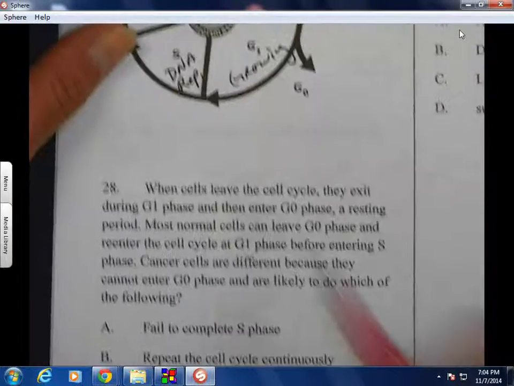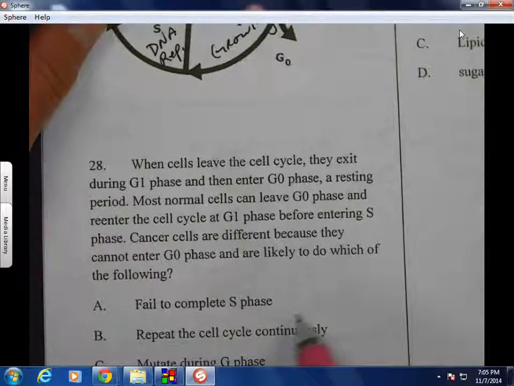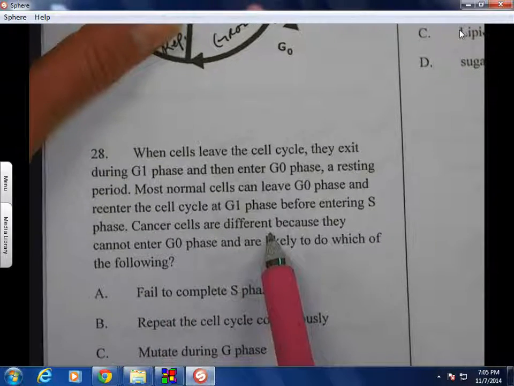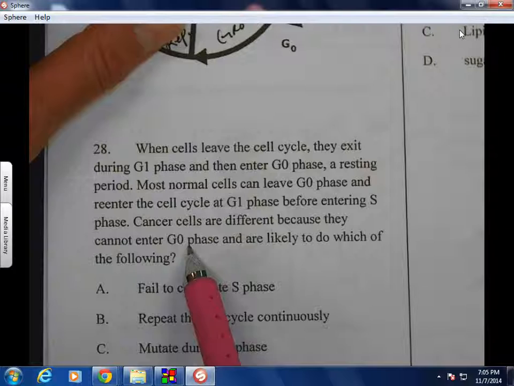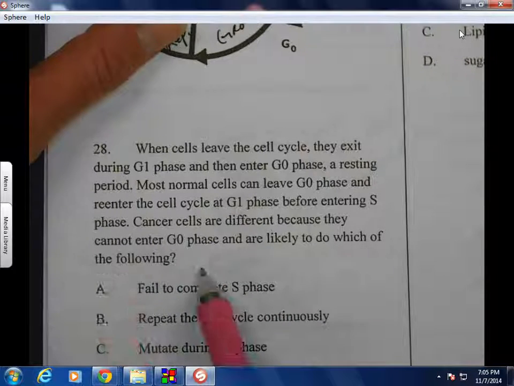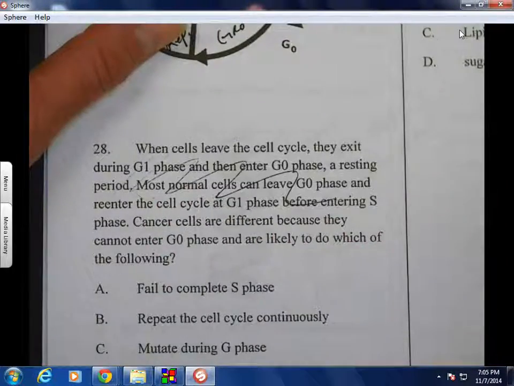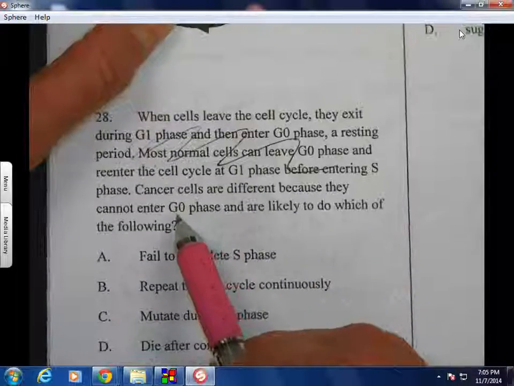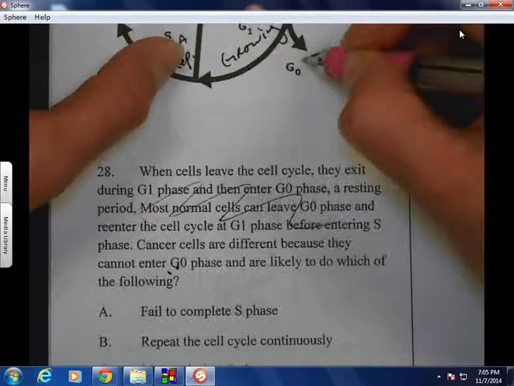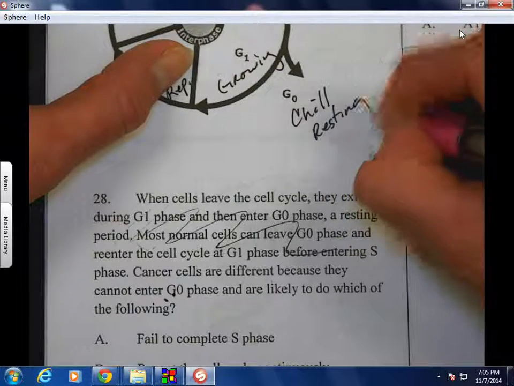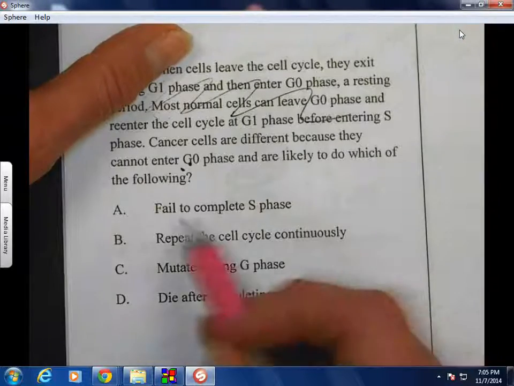The question says, I'm just going to skip down to the bottom so I can find the question. Cancer cells are different because they cannot enter the G0 phase and are likely to do which of the following? Well, I can answer that without even reading this. If they don't enter the G0, which is the chill resting phase, normal functions fail to complete?